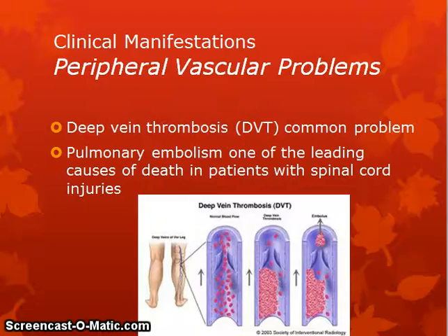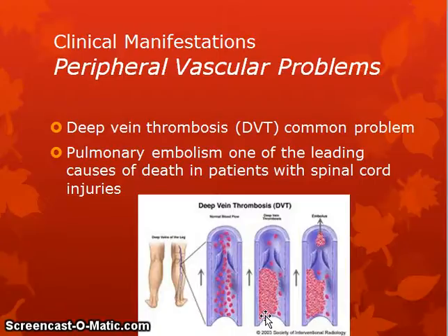In the peripheral vascular system, they're at risk for those clots. We'll talk more about this when we get to pulmonary, but what happens is in the leg, since blood is pooling, clots will form. When blood has stasis, or stays in one spot too long, it's at increased risk of congealing and forming clots.